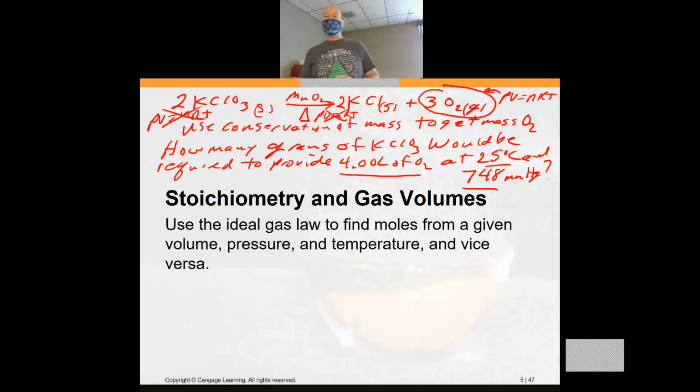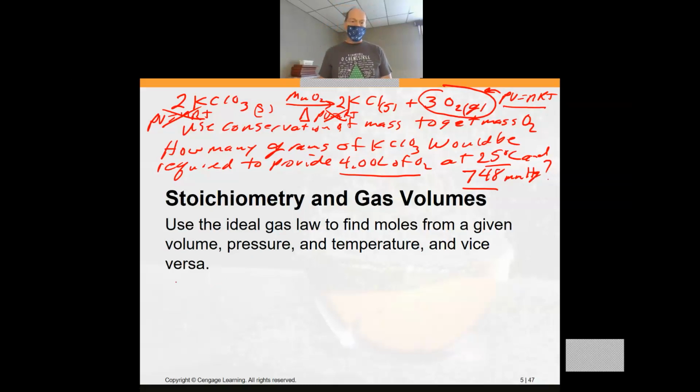You can only use PV = nRT for gases because it is the ideal gas law. We have a pressure, a volume, and a temperature. R is a constant. We can solve for moles of oxygen. Once we get moles of oxygen, we do the mole ratio to get moles of KClO3. Then we use the molar mass of KClO3 to get our answer.